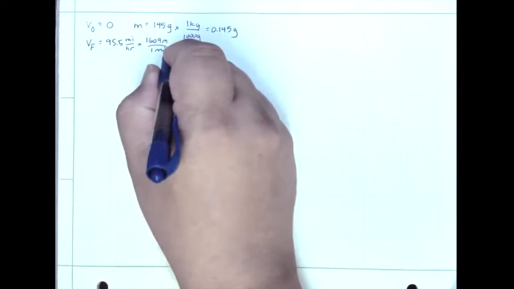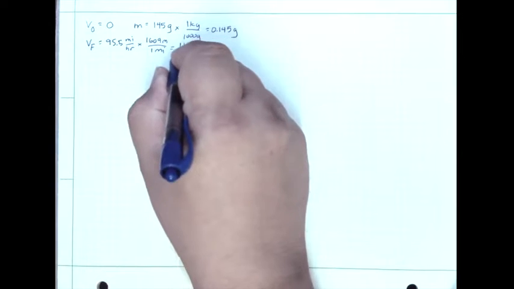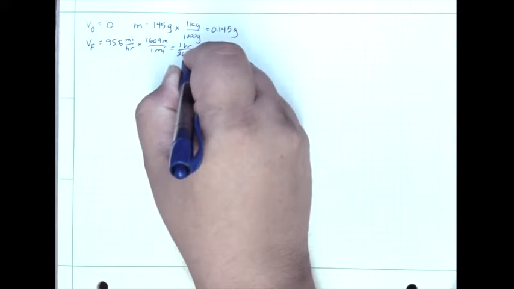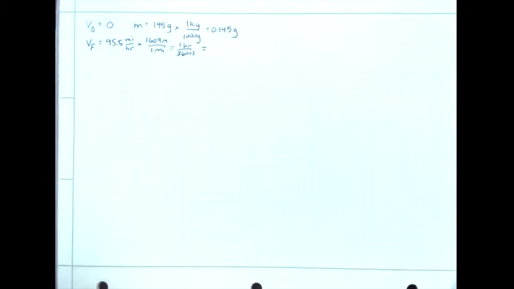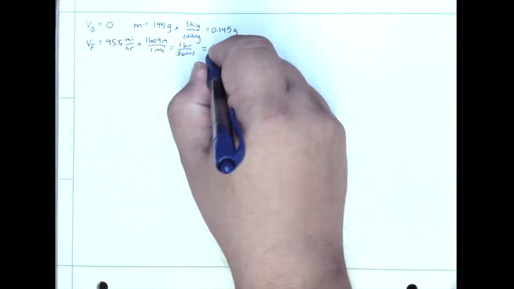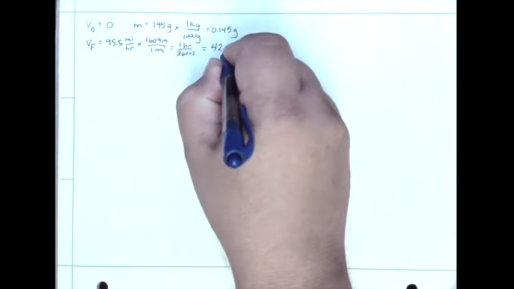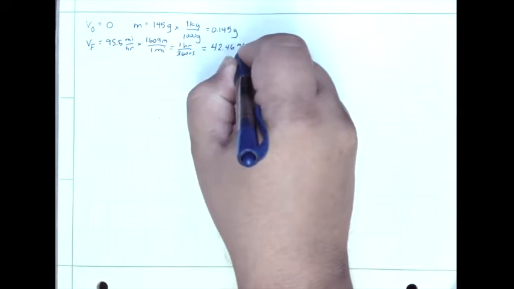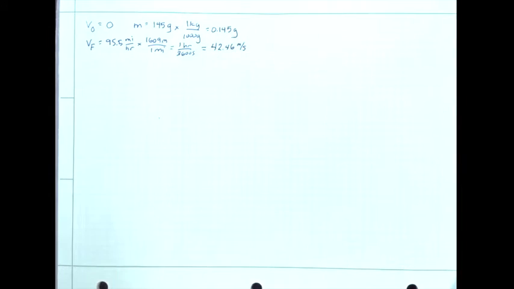Then we must turn the hours into seconds. 1 hour is 3,600 seconds, right? And all of that gives us a velocity of 42.46 meters per second. I'm keeping an extra significant digit for this intermediate calculation.